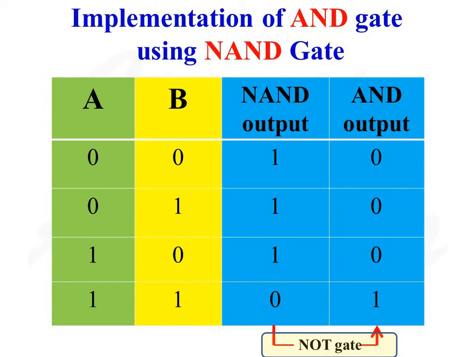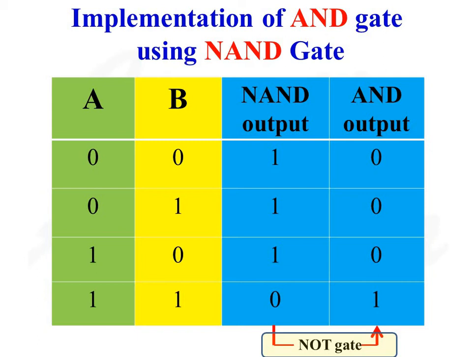Now let us discuss the implementation of an AND operation using NAND gates. Again, the number of input variables is 2. A and B are the two input variables, and the 4 input combinations are 0 0, 0 1, 1 0, 1 1.